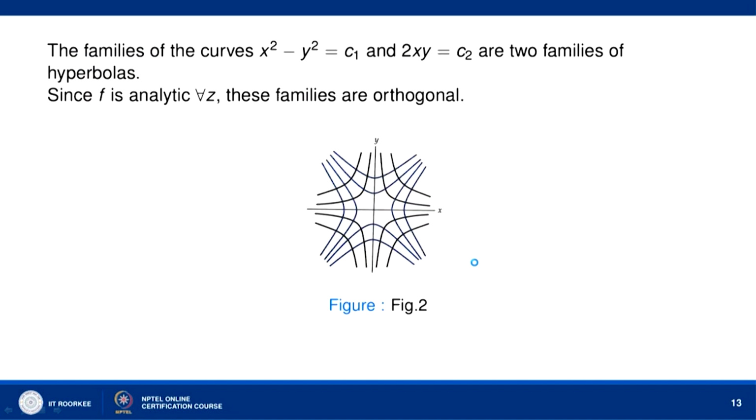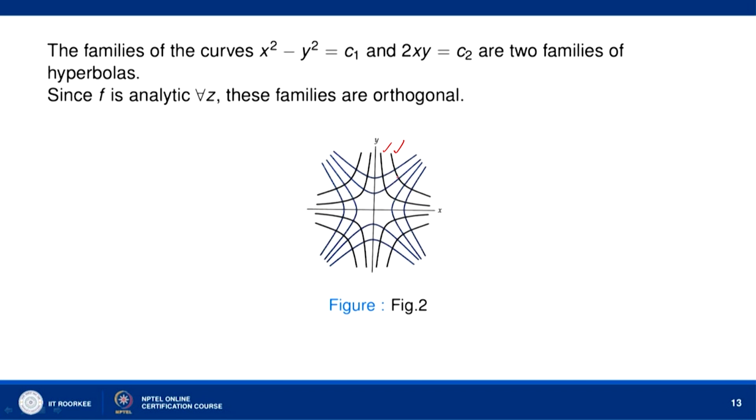So, you can see the families of curves x square minus y square equal to C1, 2xy equal to C2 are two families of hyperbolas. Since f(z) is analytic for all z, these families are orthogonal. We have just now shown. Now, if you look at these curves, these black curves, they are xy equal to constant, while these other blue curves, they are given by x square minus y square equal to C1.